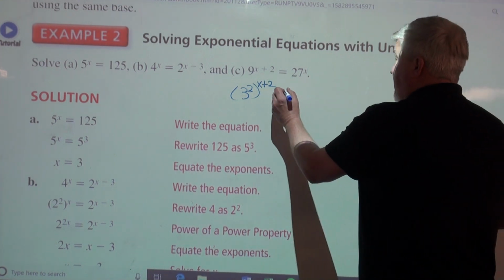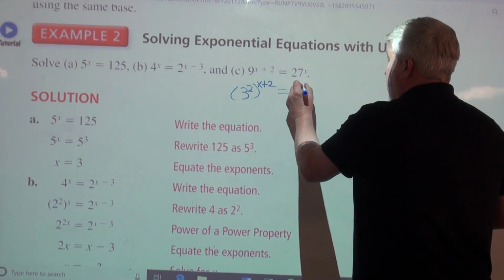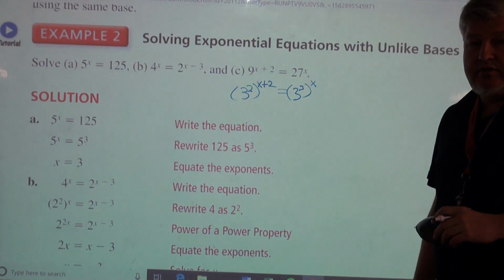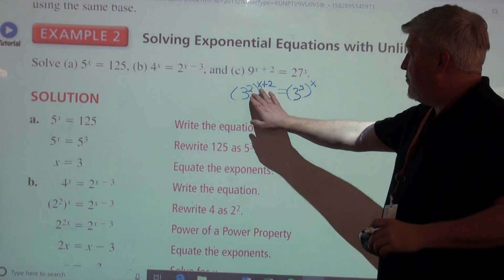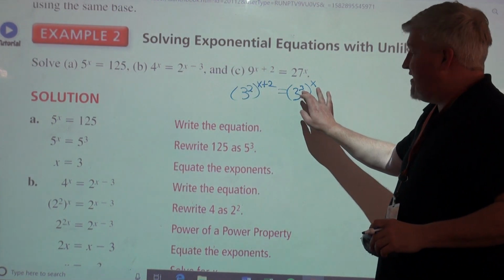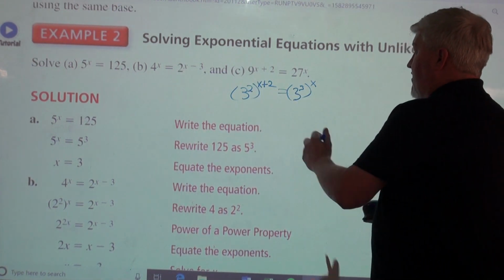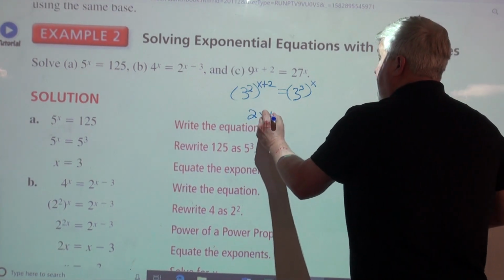So you can rewrite this one as 3 cubed to the x power. So now I multiply the two exponent items together. So this one is 2 times x plus 2. It becomes 2x plus 4.